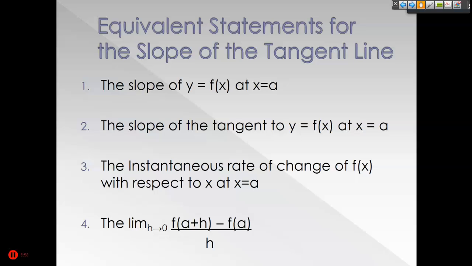The instantaneous rate of change is also the slope of the tangent line. And the limit as h approaches 0 of f of a plus h minus f of a all over h is the slope of the tangent line. So these are all equivalent.